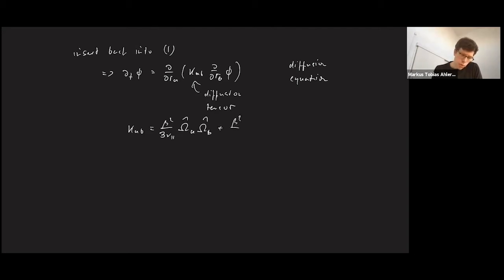Then I have a contribution which is orthogonal to this, delta AB minus omega A, omega B hat. And we have an off diagonal contribution as well, an asymmetric term here that scales like epsilon A, B, C, and then the direction of the background magnetic field.